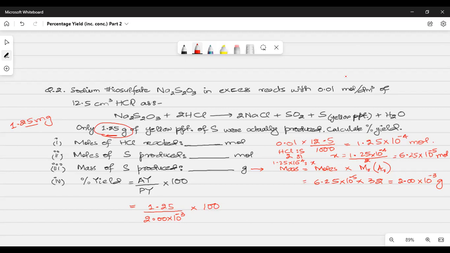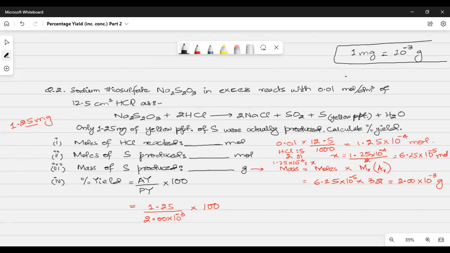So what if I make the change now, and instead of 1.25 grams, I convert it into 1.25 milligrams? Okay, let's change the question a little bit and put 1.25 milligrams. Remember, milligrams means 10 raised to power -3 grams. 1 milligram is equal to 10 raised to power -3 grams.